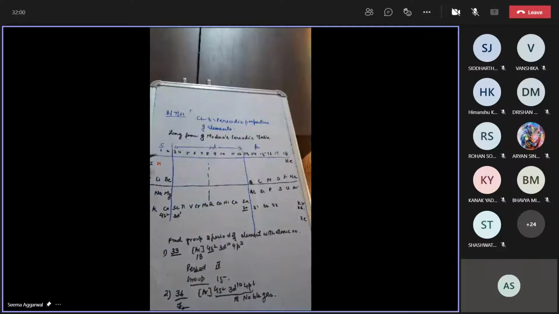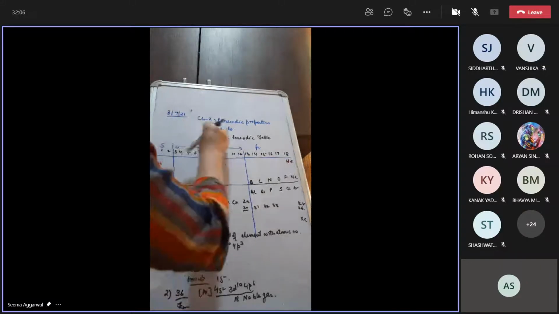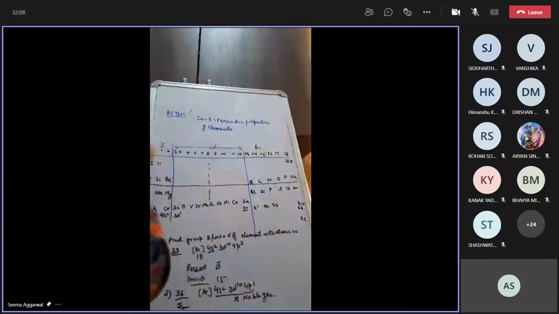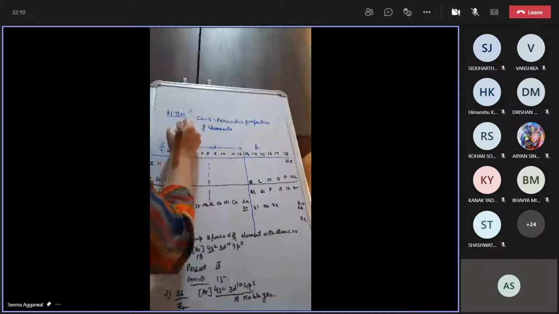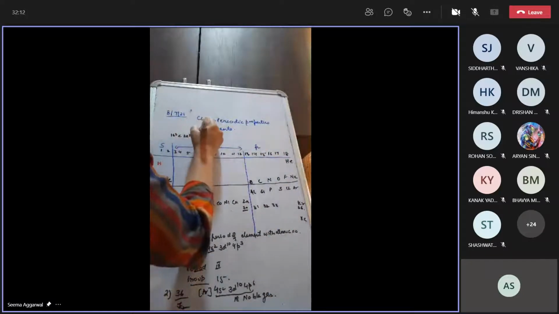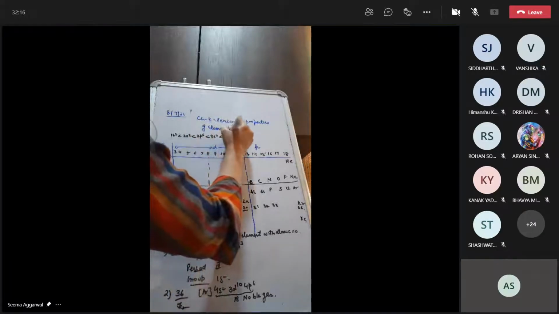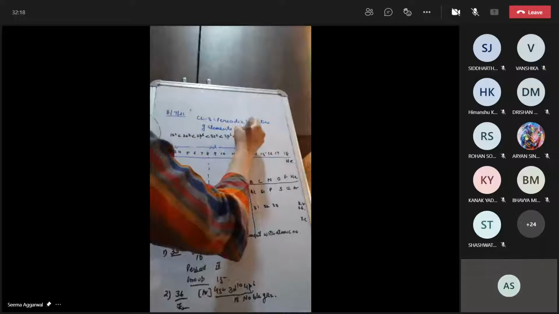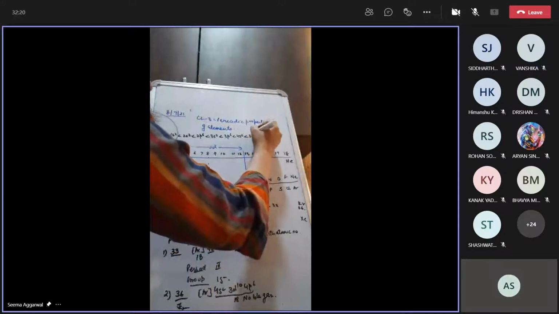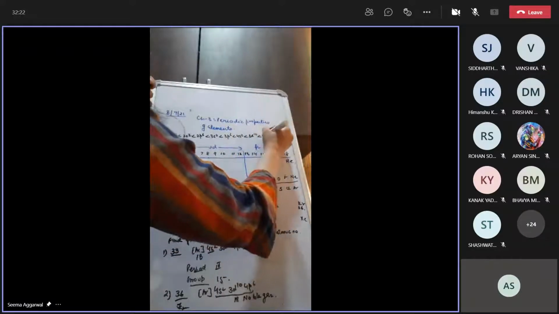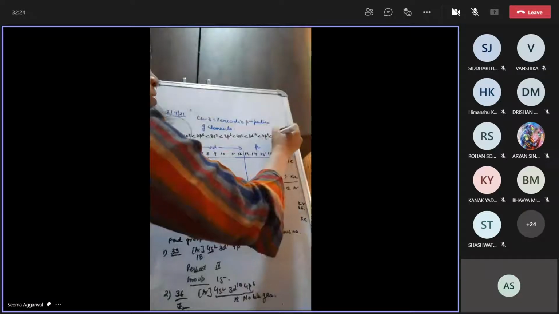Now randomly I am giving you an element. First I am writing the Aufbau principle again. You have to always keep in mind the Aufbau principle, the increasing order of energy: 4s2, then 3d, then 4p6, then 5s2.